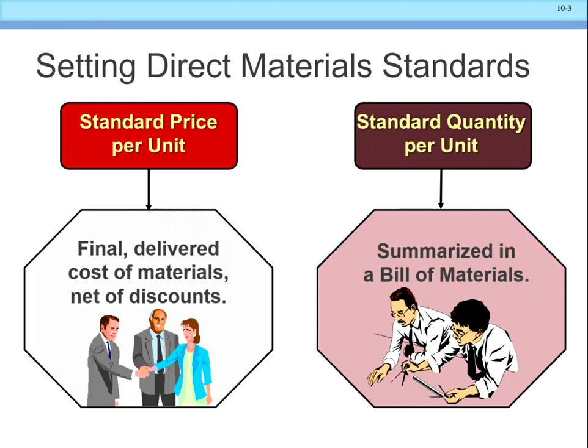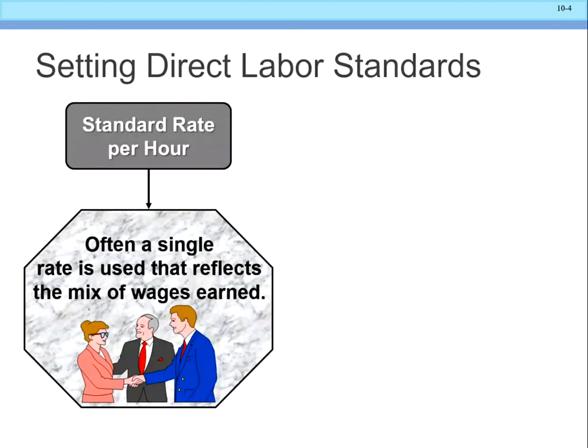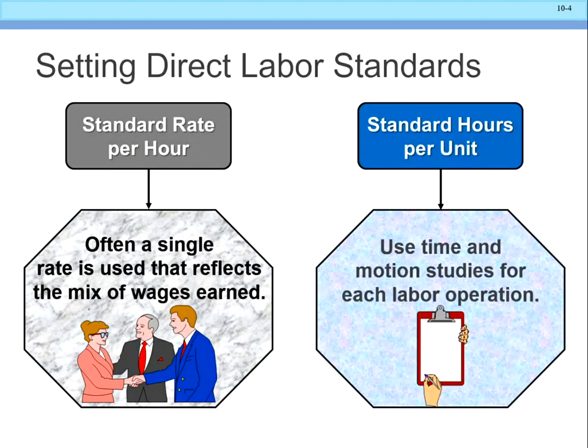Then we start from there. Then for labor standards, where do we get the rate per hour? Where do we get the standard hours that are used? Of course, we use a rate that reflects the mix of wages that are earned, and we use time and motion studies for each labor operation to get the standard hours.